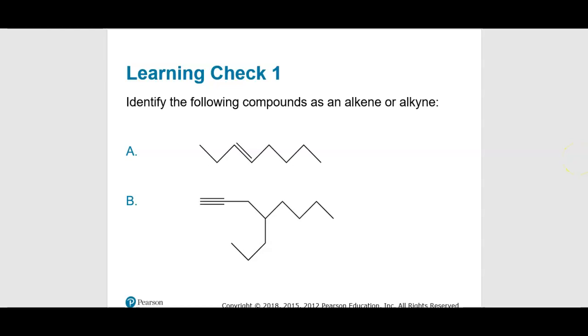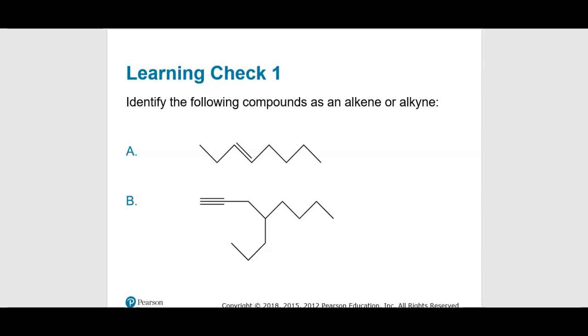Okay, and now, right off the bat, we have a learning check. Identify the following compounds as alkene or alkyne. Remember, ene is a double bond, yne is a triple bond. So I just gave it away.